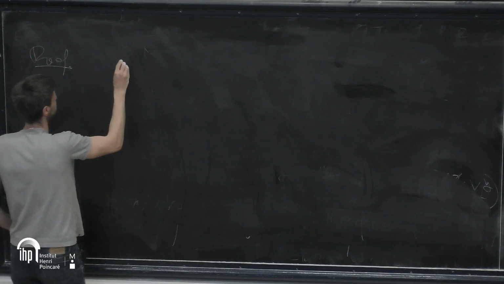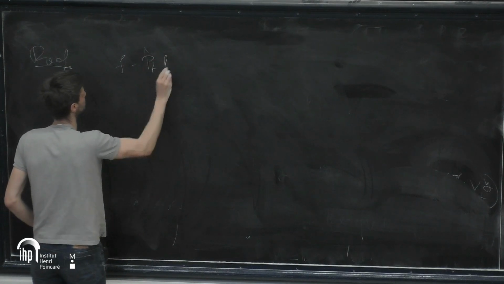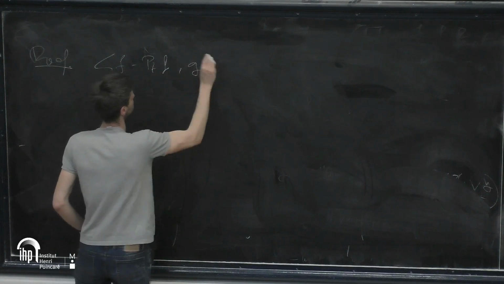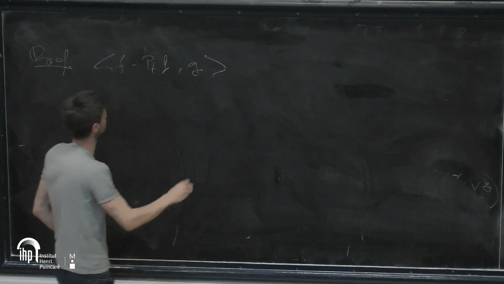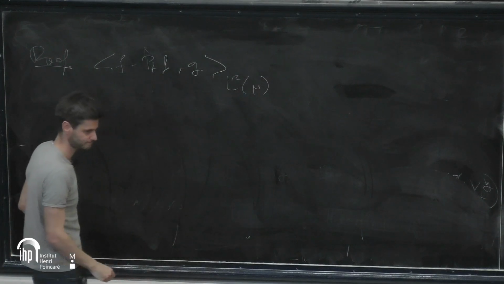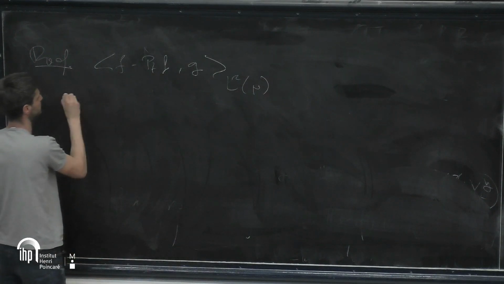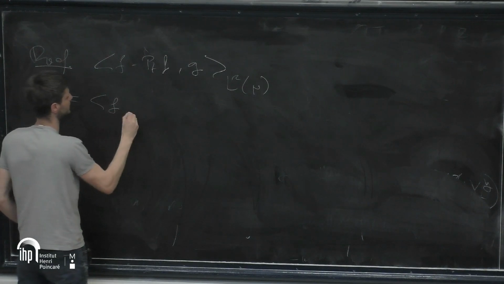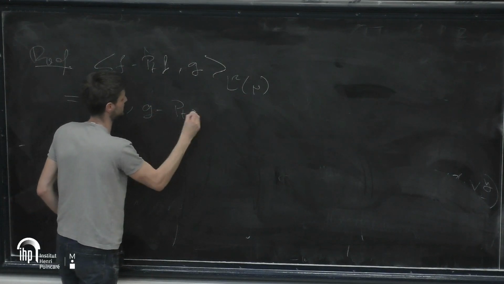So you look at f minus PTF, and you look at this against some function g in L2 of mu. But because PT is self-adjoint, you can write it as f times g minus PTG.